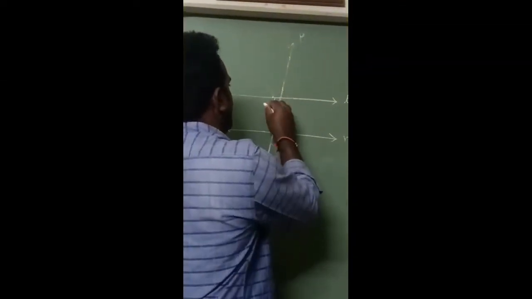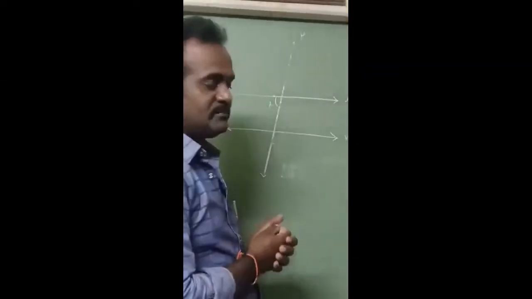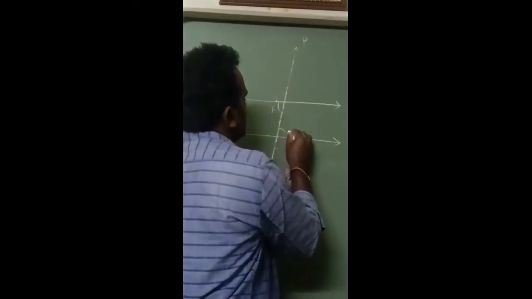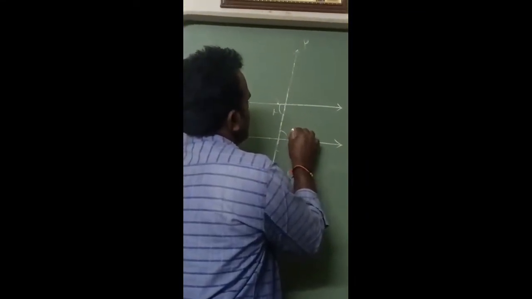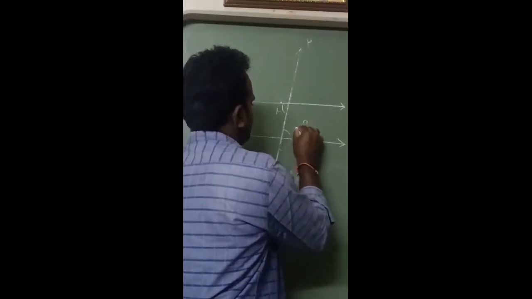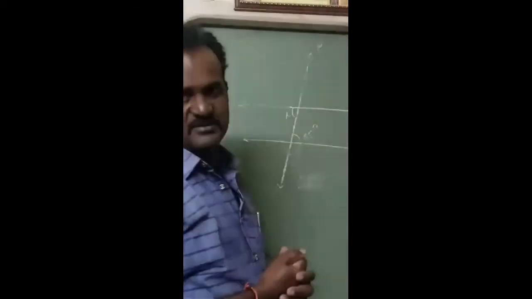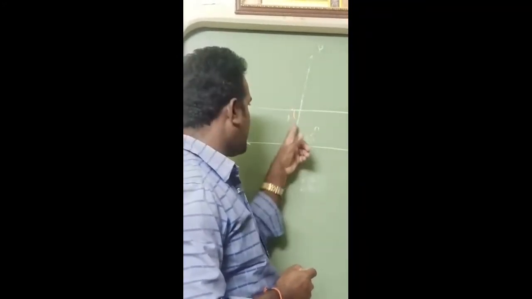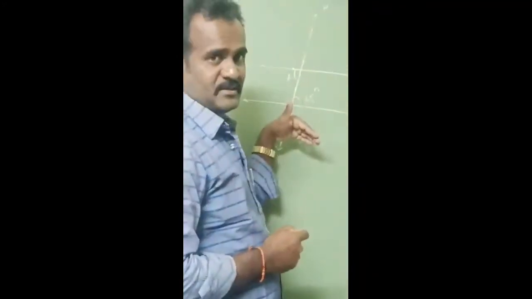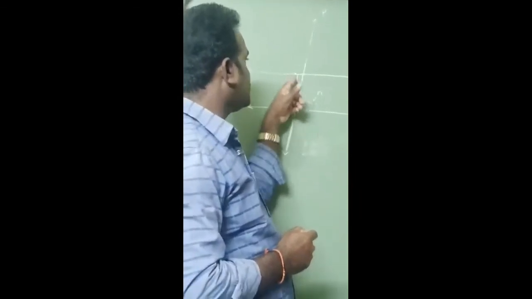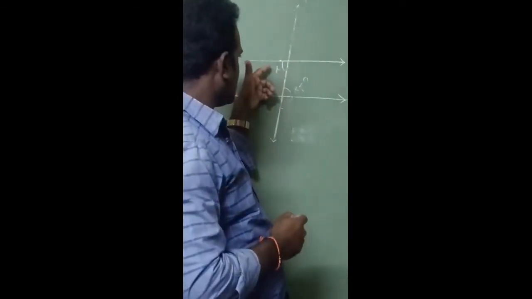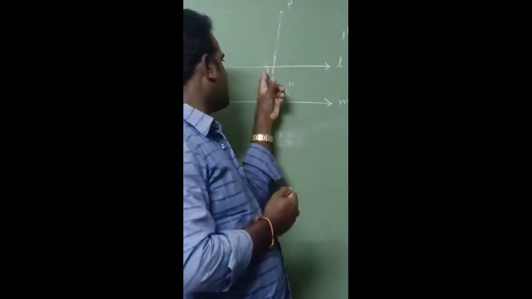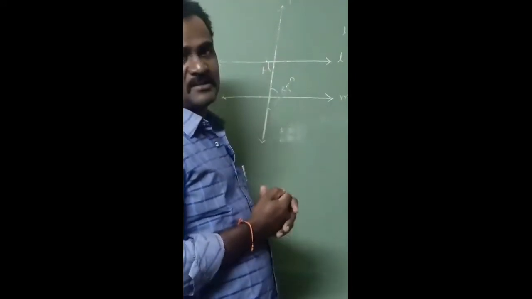See here, you can take x, and here 85 degrees is given. These two angles are in between the two lines, inside of the lines. So this is alternate interior angles. Either side of the transversal, alternate interior angles are equal.